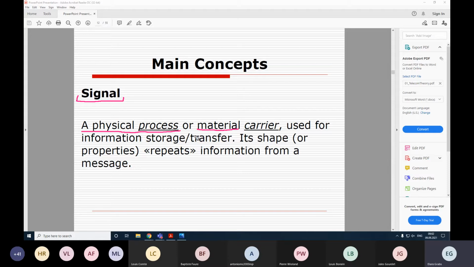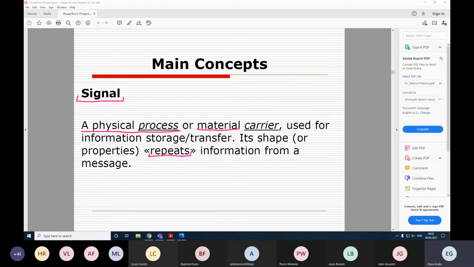So this is either a material carrier or a physical process, which both exist in nature, which can be measured, which can be worked with, which can be felt. This process or material repeats in some way the information of a message, so we put our message into this signal.